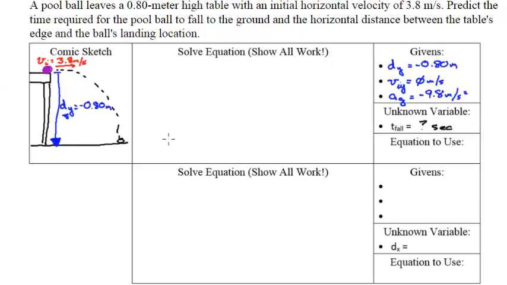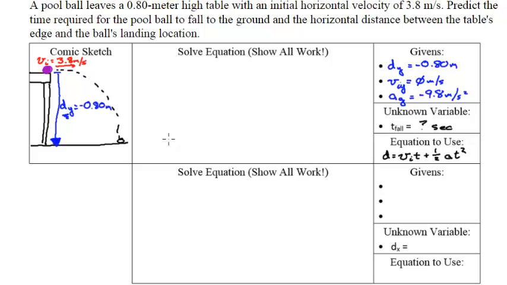And now, given that I have a distance, a velocity initial, an acceleration, and a time, I need to find an equation to use. I believe if you look at distance equals velocity initial times time plus 1/2 acceleration times time squared, we have a distance, we have a velocity initial, we have an acceleration, and we're looking for a time.